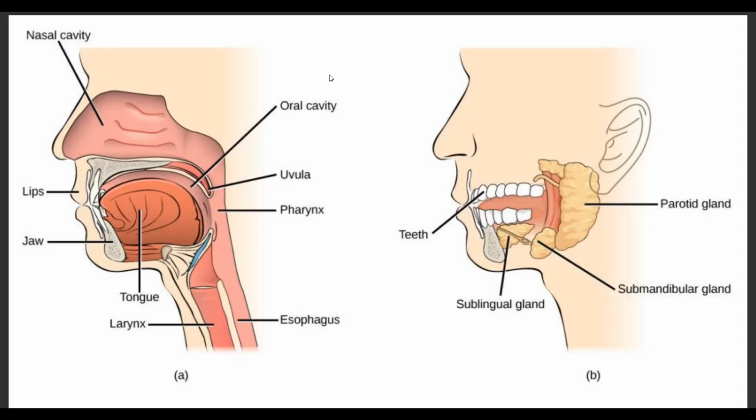Next point: there are 3 pairs of salivary glands: parotid gland, submandibular gland, sublingual gland.